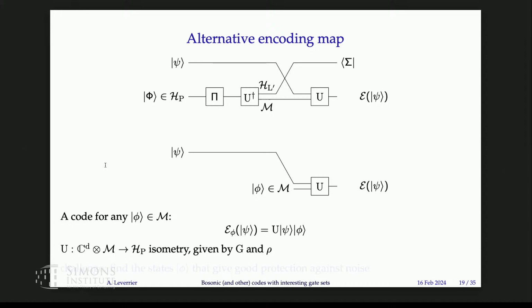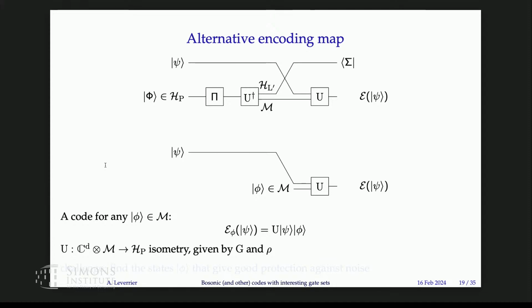And in this picture, U is not acting on the full space. It's just acting on the logical space and the multiplicity space of the representation that you care about. So U is an isometry from C^D, your logical space, and your multiplicity space to the physical space.